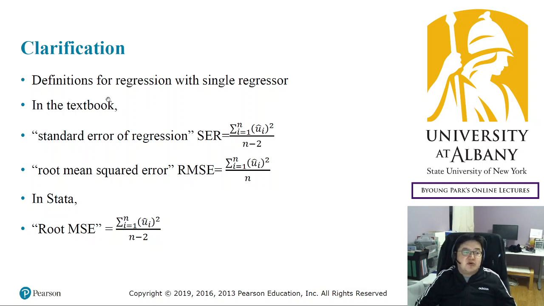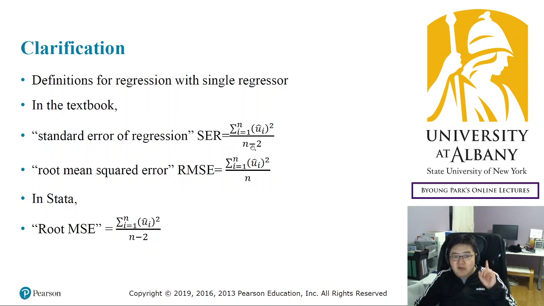In the textbook, the standard error of the regression is defined in this way. In the single regressor case, in our earlier chapter, we defined the standard error of the regression using the degrees of freedom n-2.